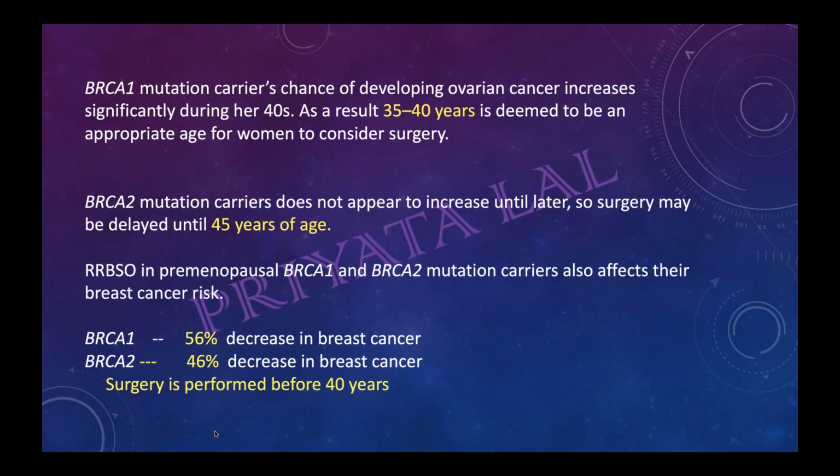But this is only possible if the surgery is done before 40 years of age. So this number is also important. There are so many numbers here in BRCA, but I really can't help it, because these numbers are all important: usually questions come for Part 2 also and Part 3 also.